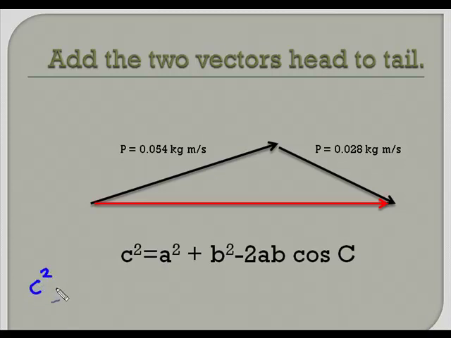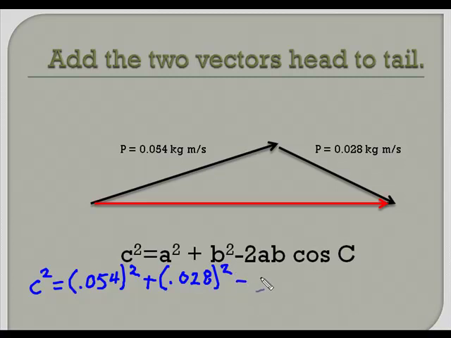Here's how I did it. C squared is equal to, obviously, 0.054 squared plus the B is 0.028, and remember to square it.